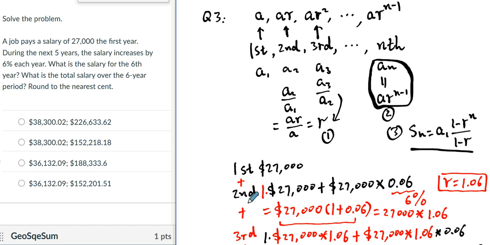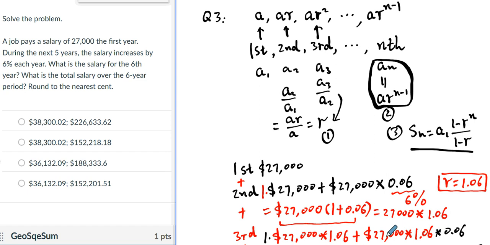You can see the second term is the first term times 1.06. That will be our common ratio. The first year is 27,000. The second year, you use 27,000 times 1.06. The third year will be based on this salary, 27,000 times 1.06 as our base salary.